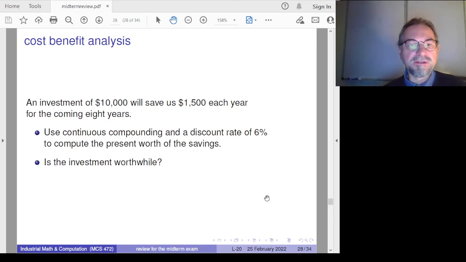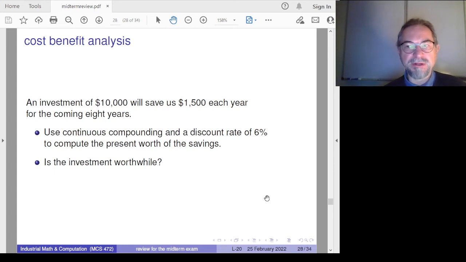However, this was not really using the discount rate of 6%. So the investment has to be paid now, so that's the sacrifice that we make. So our first costs, and the $1,500, that is savings.